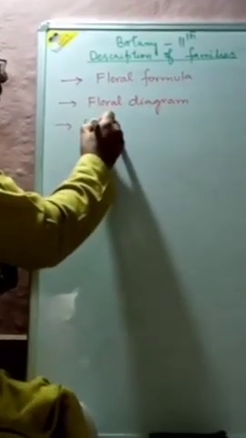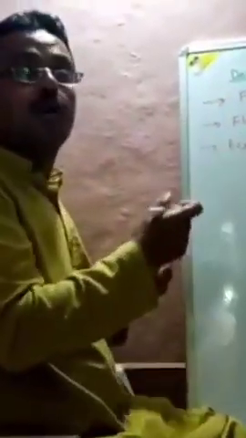And third, which is very important, is the economic importance of that family of plants. So while describing the family we have to take into consideration these three points: the floral formula, floral diagram, and economic importance.